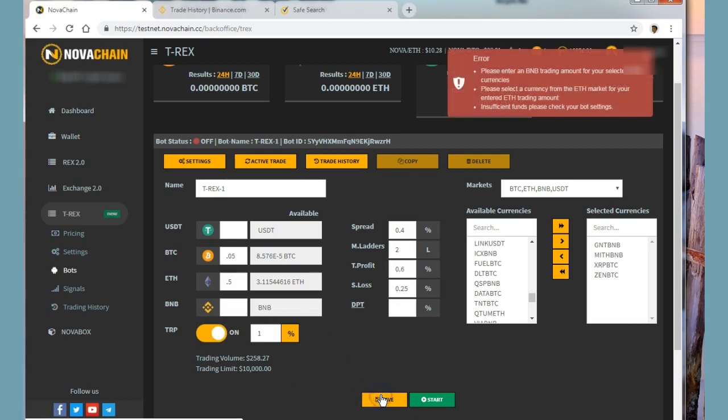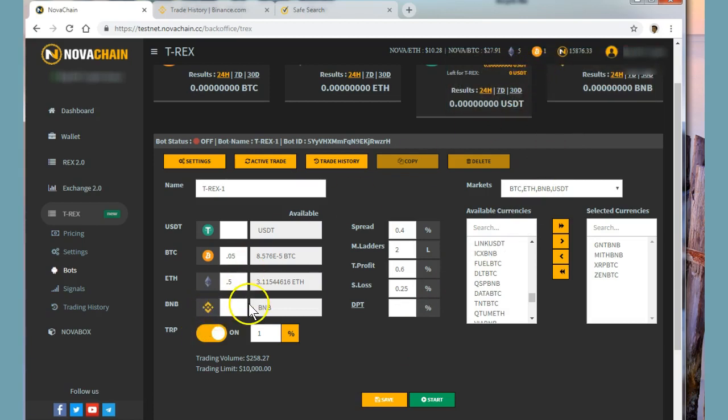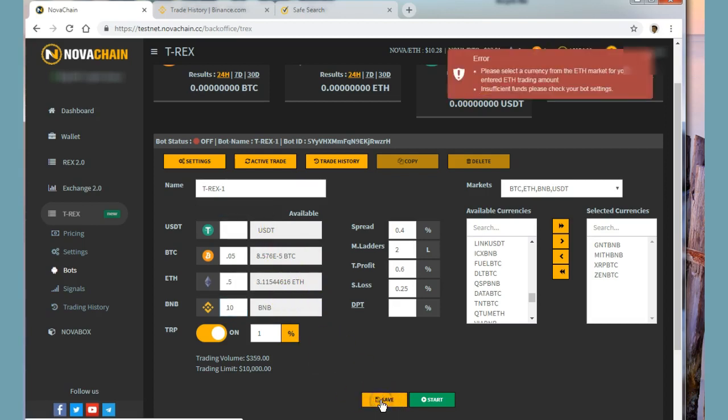So let's save that. Okay, here we go. Please enter a BNB trading amount. So we'll do 10. Well, that's the whole thing, man. That's just about all the profit I got. Please select the currency from the ETH market for your entered ETH trading amount.